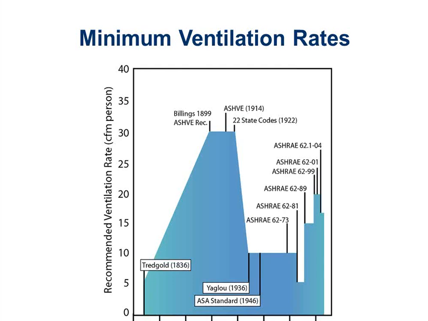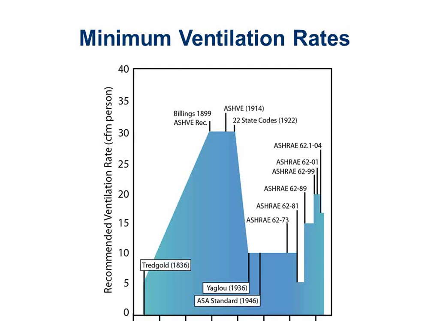That was in direct reaction to the oil embargo and the effort to save more energy after what happened in the 70s. That 5 CFM per person rate was very short-lived, and it did help contribute to some of the sick building syndrome we had in buildings by underventilating them.